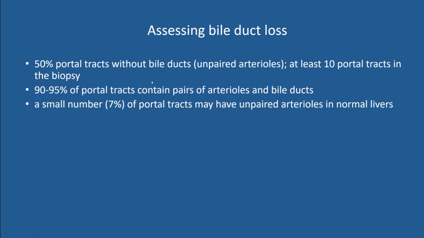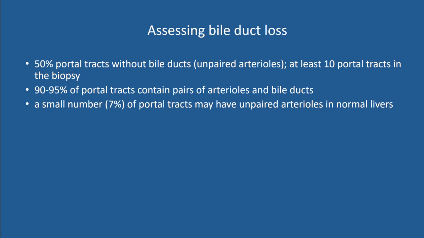And therefore, we have these criteria that to call something a ductopenia, or a loss of bile ducts, a pathologic process, we need to have at least 50% of portal tracts without bile ducts. We also call them unpaired arterioles because, as I just said, arteries and bile ducts run together.